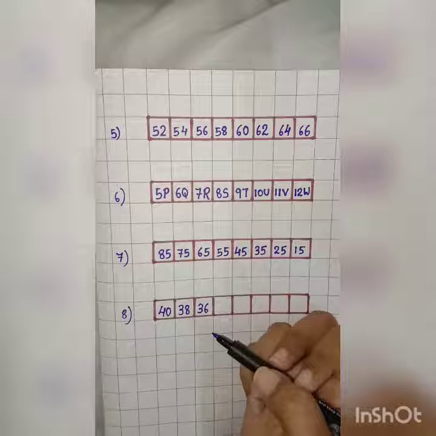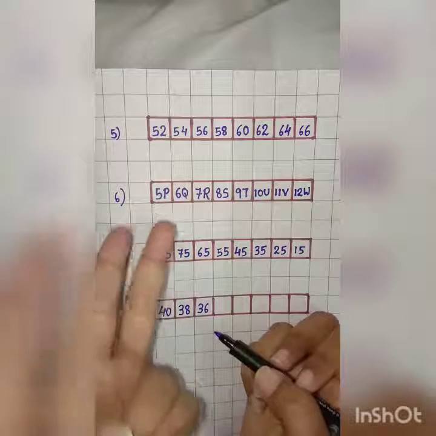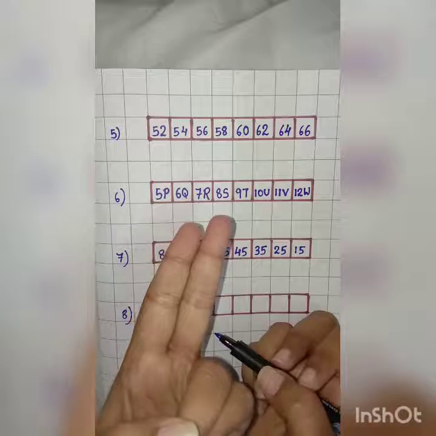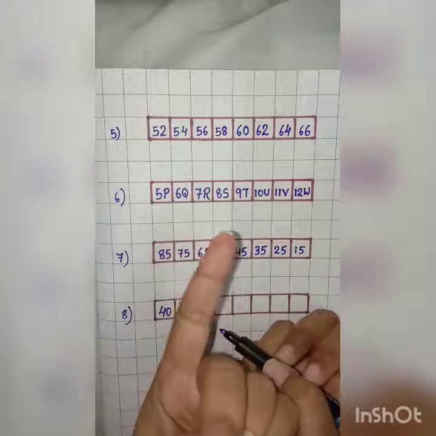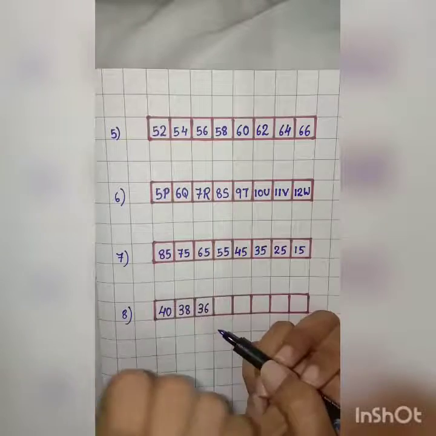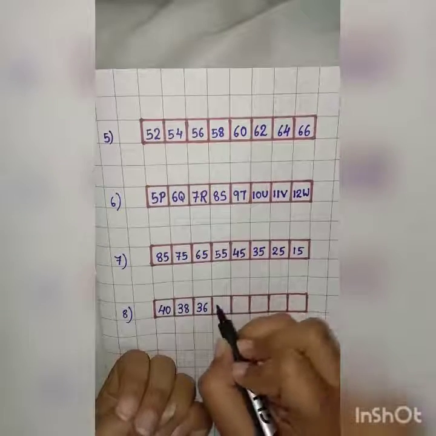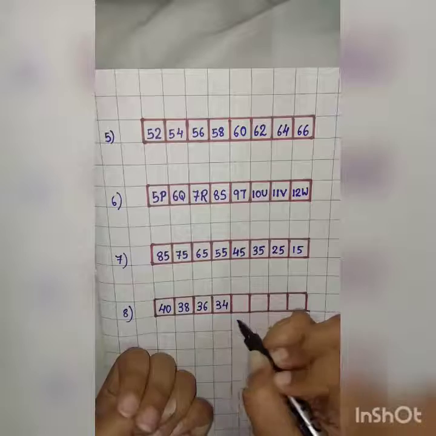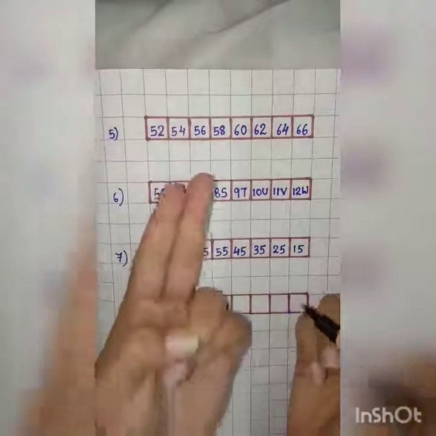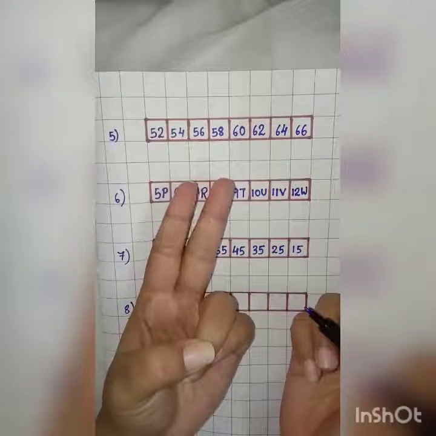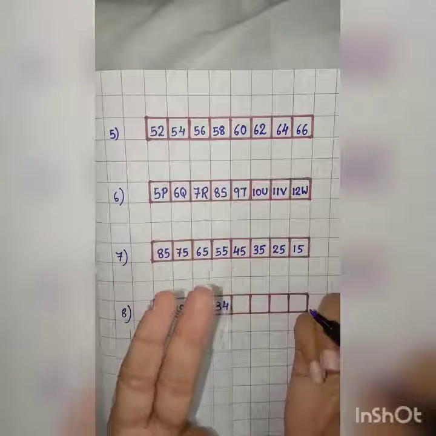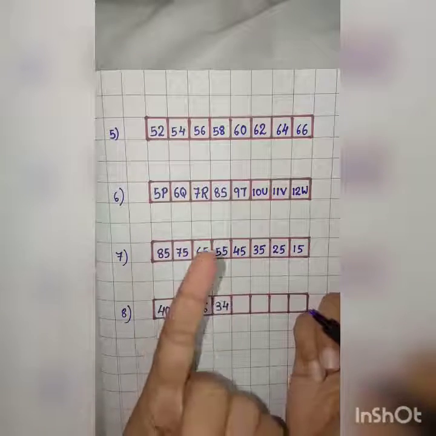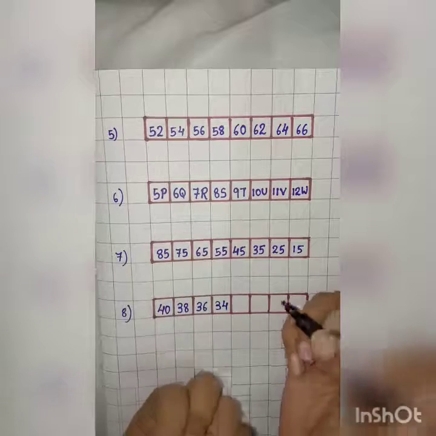So first of all, keep 2 on your fingers and start your backward counting from 36, 35, 34. Again, keep 2 on your fingers and start your backward counting from 34, 33, 32.